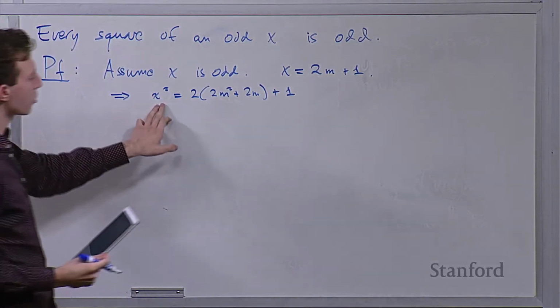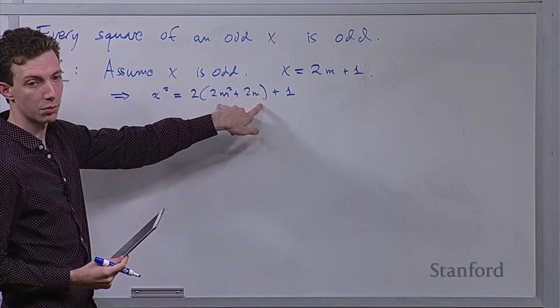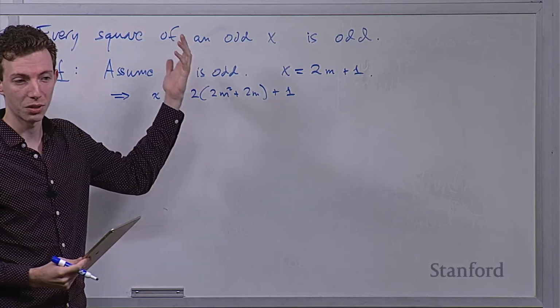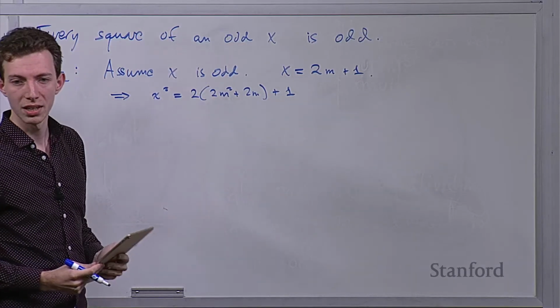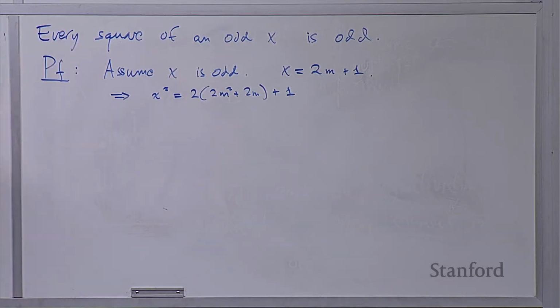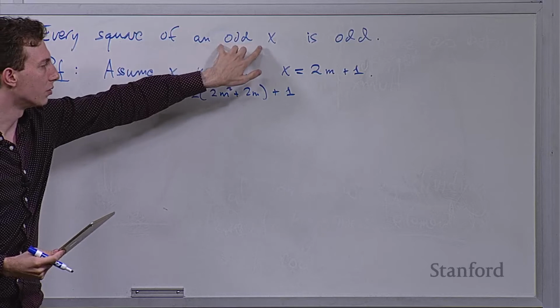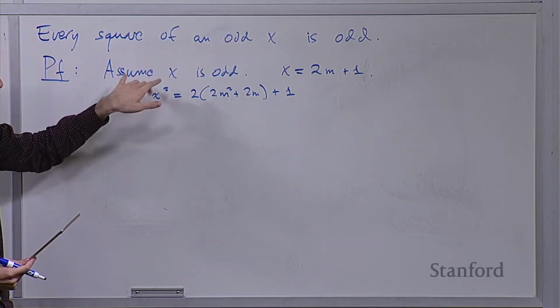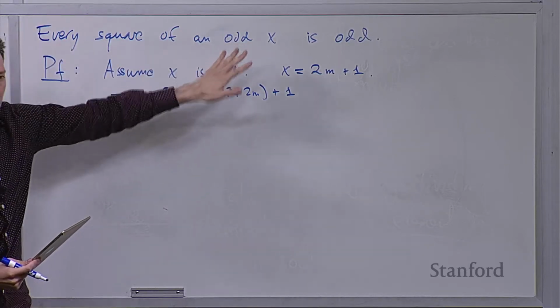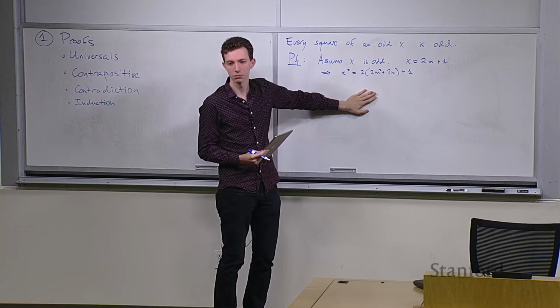This means that x squared can be written as 2 times some number plus 1. And that's exactly what it means for a number to be odd. And so what we did here was we just took an arbitrary element of the type that we wanted, said let it be any odd number, and use those properties to arrive at our conclusion. All good so far? Cool.